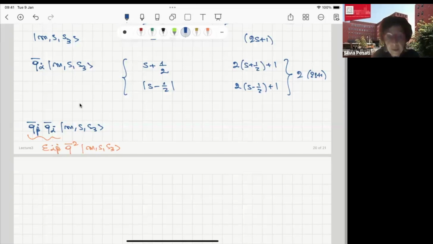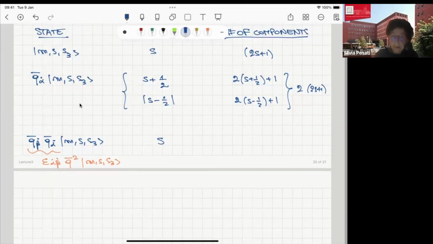But Q bar square at this point is a scalar. Okay, therefore, we are back to spin S, because now we are applying a Lorentz scalar with spin 0 to a state which has spin S. So still we have 2s+1 components.